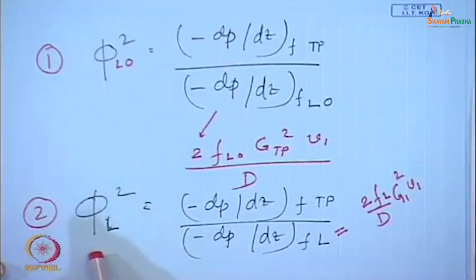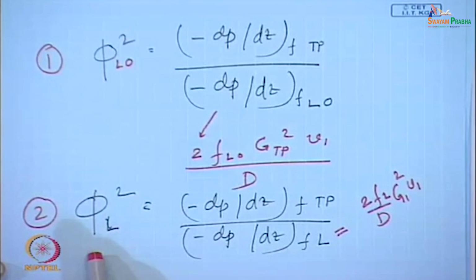The equivalent single phase flow can be that the entire mixture flows as a single phase, or whatever amount of liquid was there, that is now flowing alone in the pipe. Do you get my point? So, in that case this expression and this expression are not the same, and therefore phi square LO and phi square L need distinguishing.